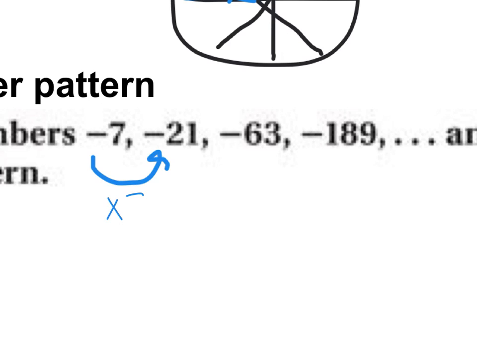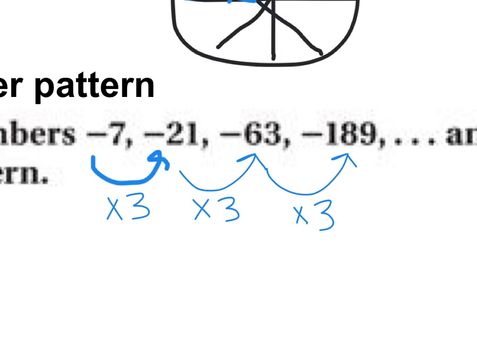Then from -21 to 63, that again is multiplied by 3, and if it happens 2 times, it's more than likely going to happen the third, and we multiplied by 3. So our pattern is we multiply the previous number by a positive 3, that's why we keep the negative sign.